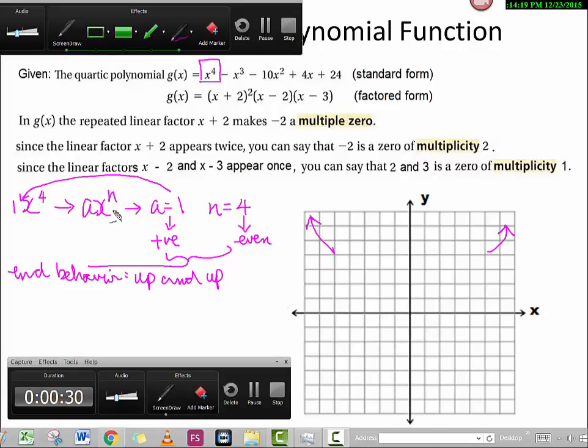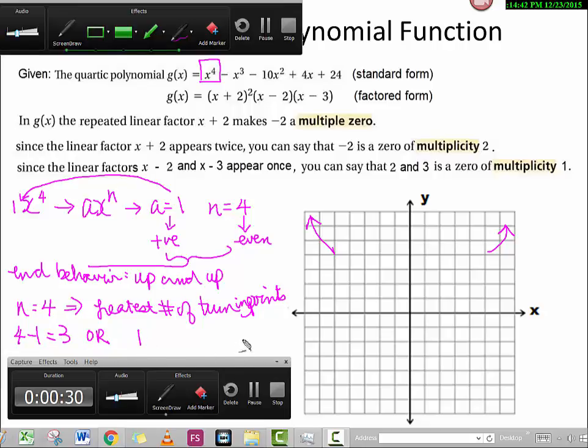The next thing is the number of turning points. Since n is equal to 4, we know the greatest number of turning points is going to be n minus 1. So in this case, it's going to be 4 minus 1 equal to 3, or it could be 1. I don't know for sure, we'll check.